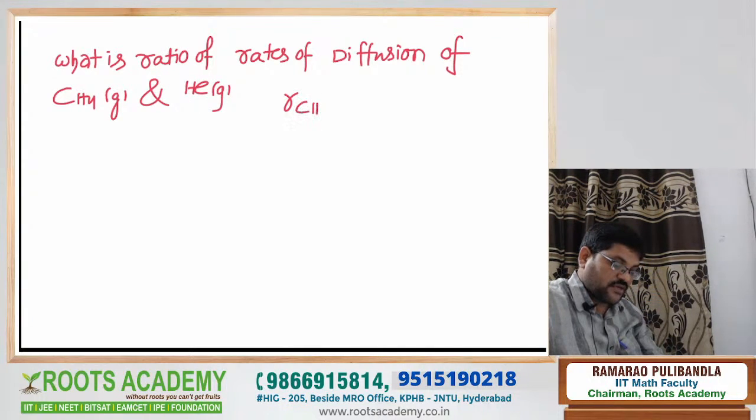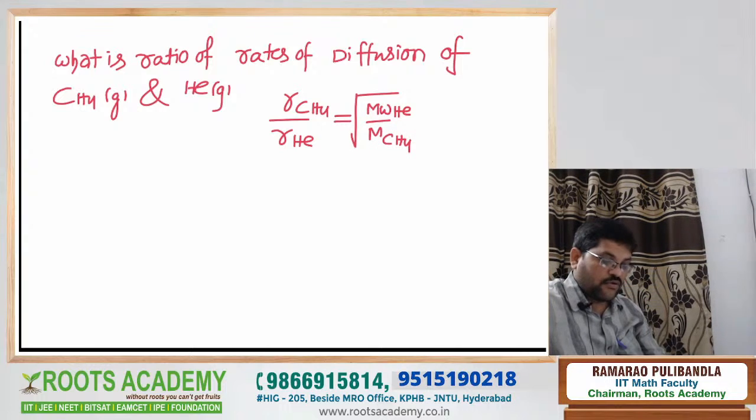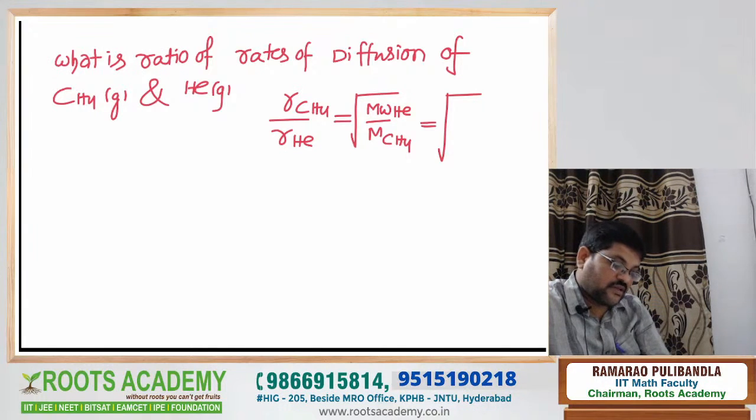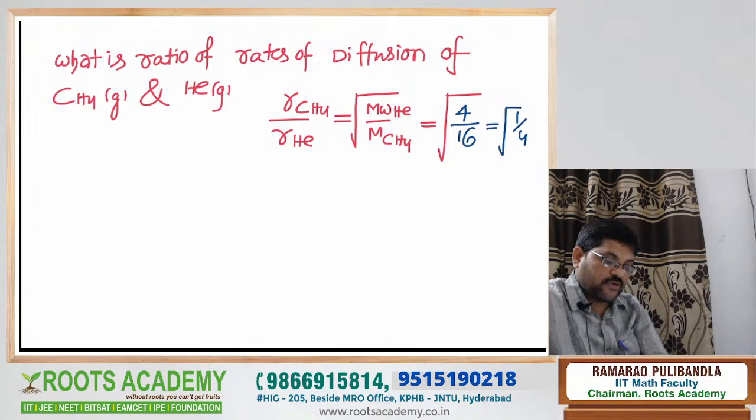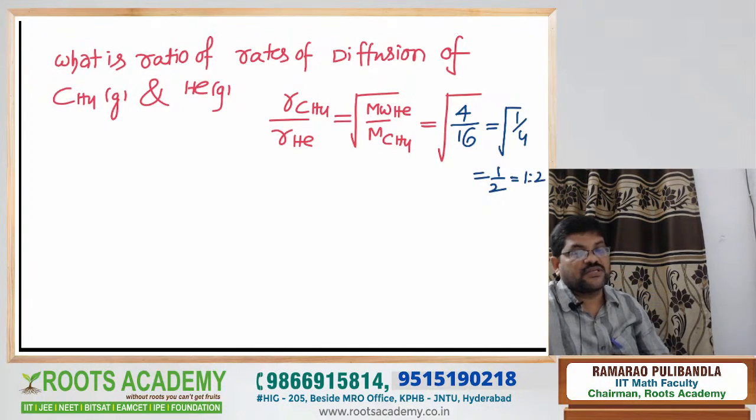Rate of diffusion of methane by rate of diffusion of helium is equal to root over molecular weight of helium by molecular weight of methane. It is inversely proportional to molecular weight. The molecular weight of helium is 4, and the molecular weight of methane is 16. You get 1 by 4, so 1 by 2. That is equal to 1:2. The question is given like that.